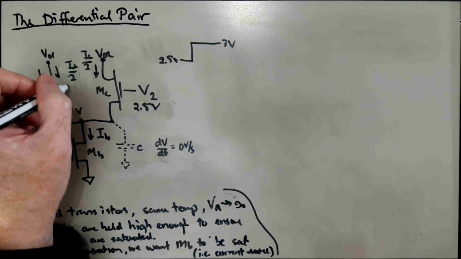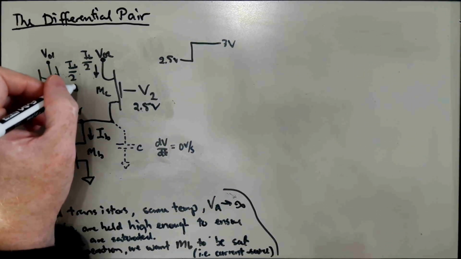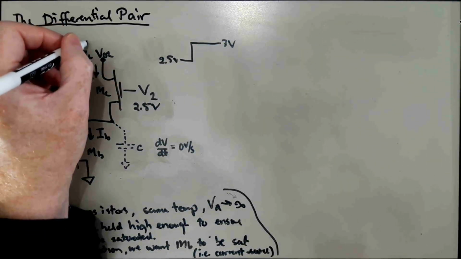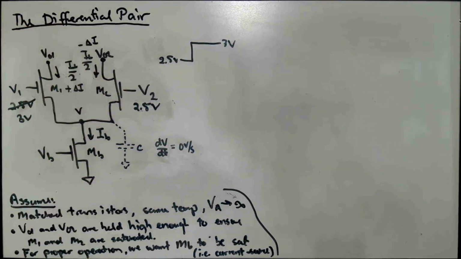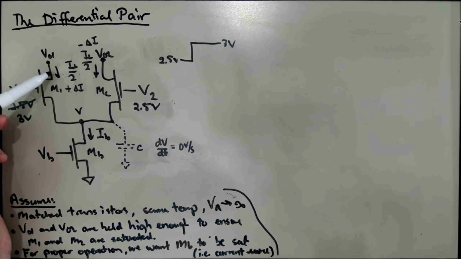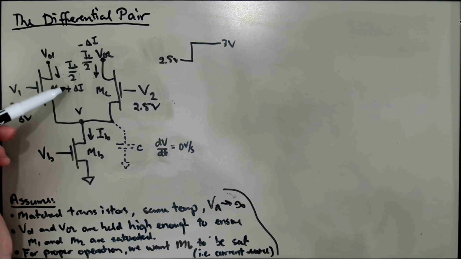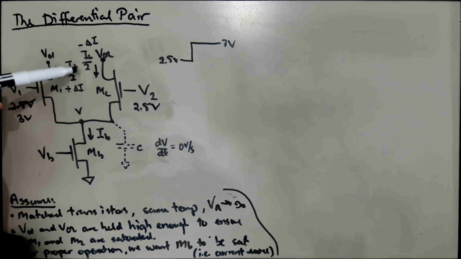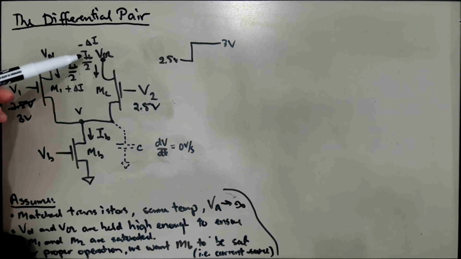We're going to have a net increase by some, let's say, delta I on the I1 side, and that will be bought at the expense of a net decrease in I2. All right, so we will have increased I1 by some delta I. We're not saying how much that is at this point, it's just some amount. But because we have to get back to the same level, the amount by which we increase I1 has to be bought at the expense of an equal and opposite decrease in I2.